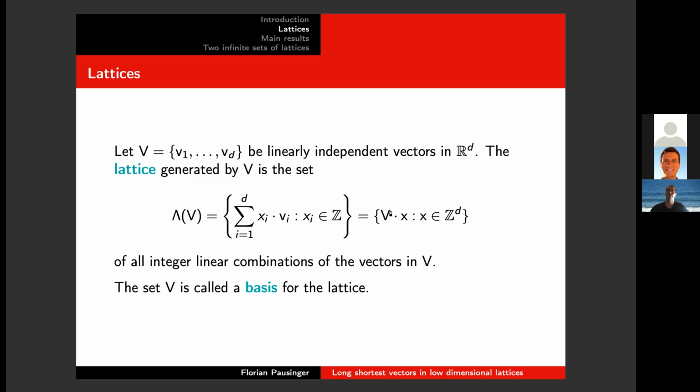So the lattice is just given as a point set in which you take these linearly independent vectors, the basis of R^d, and multiply them with integer vectors. So the lattice denoted as capital lambda of the basis V is just the set of all vectors that you get from the multiplication of the basis with an integer vector. And of course, the set V is called the basis for the lattice.